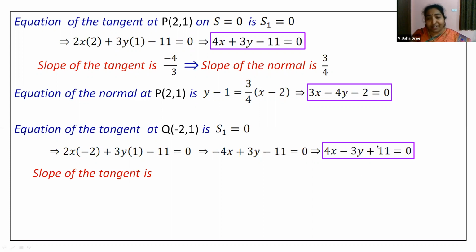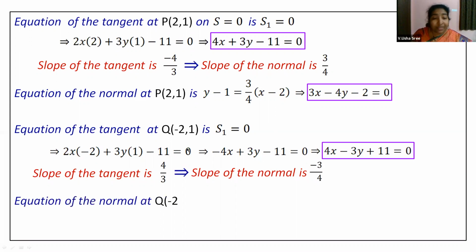Just write it in the form y is equal to mx plus c, children, you will get it. Okay, when the slope of this tangent is 4 by 3, then what will be the slope of the normal? Since it is perpendicular to the tangent, it will be minus 1 by 4 by 3, which is nothing but minus 3 by 4. Now we know the slope of the normal and we know the point at which we need to take the normal.